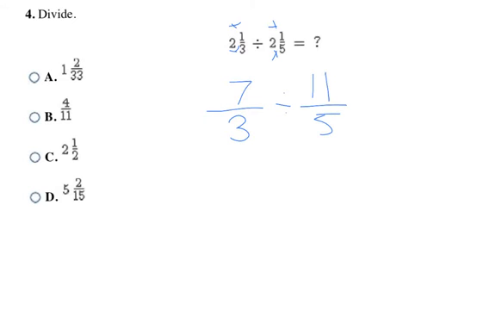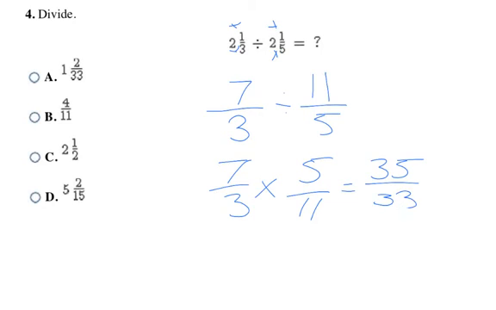So now that they're both improper, not mixed, I can go ahead and do my division steps, which say the first fraction stays the same, but you flip the second fraction and change it to multiplication. So then I multiply the tops. 7 times 5 is 35. 3 times 11 is 33.